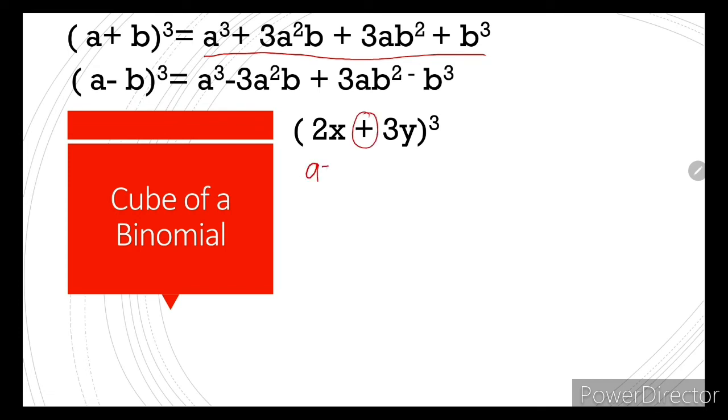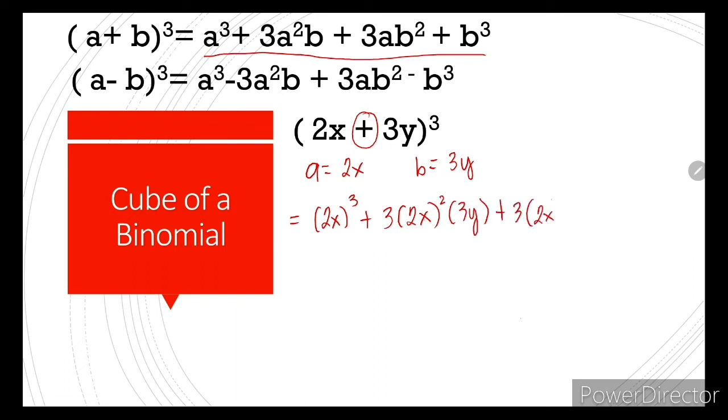Okay, so our a is 2x and our b is 3y. So, a cube. So, magiging (2x) cube plus 3 times a, which is (2x) squared, times b, 3y, plus 3a, which is 2x, times b, (3y) squared, plus (3y) cube. 2 times 2 times 2 is equal to 8.